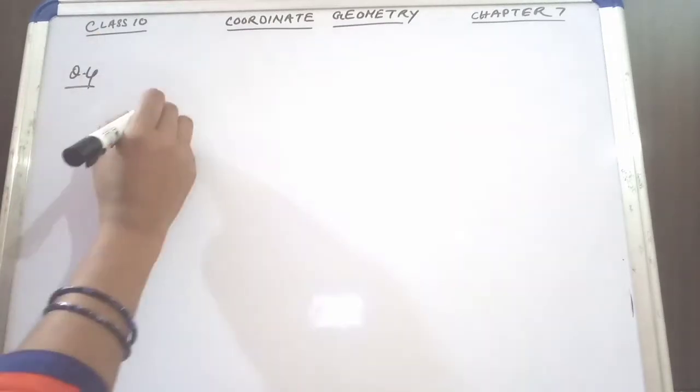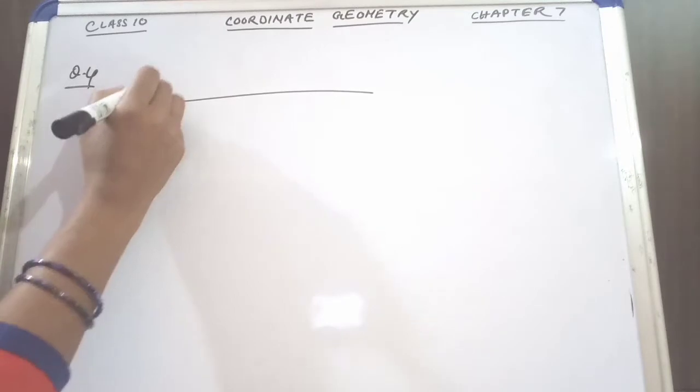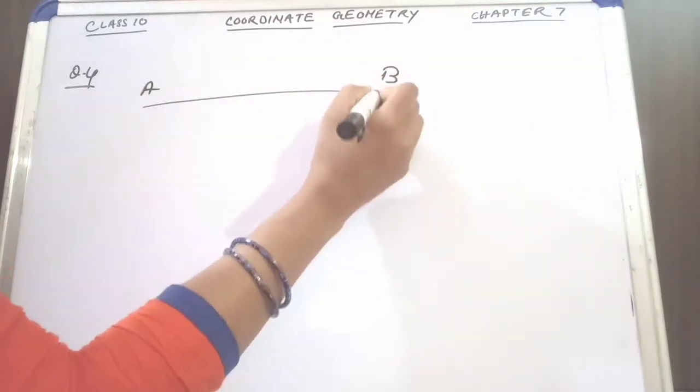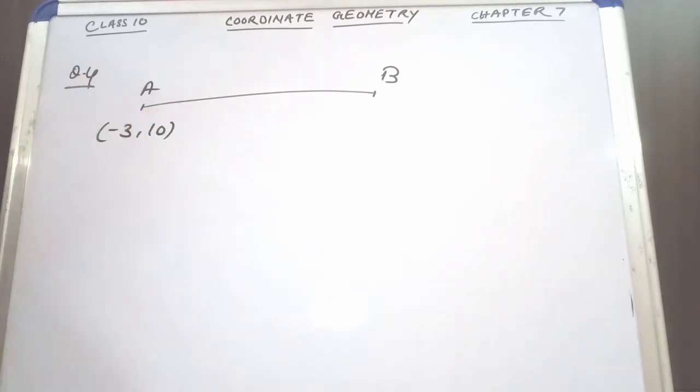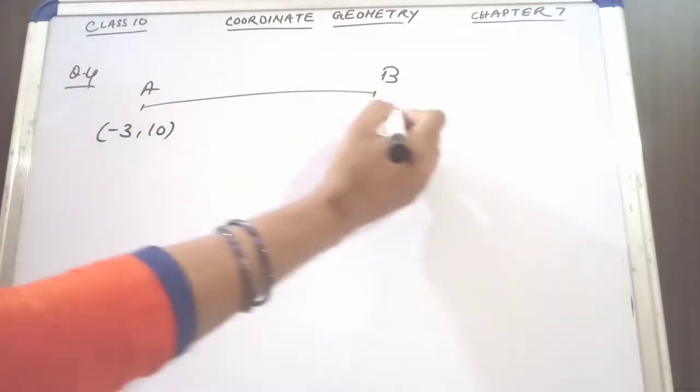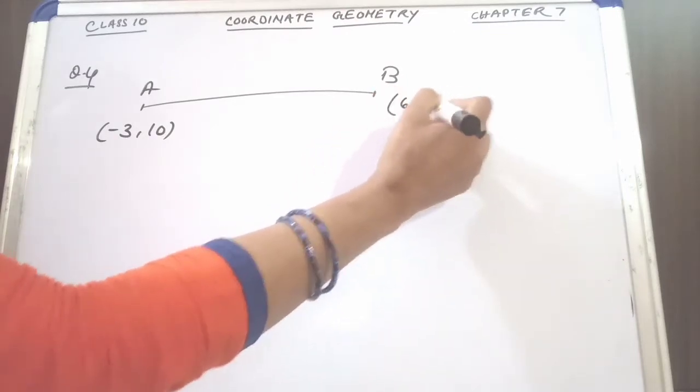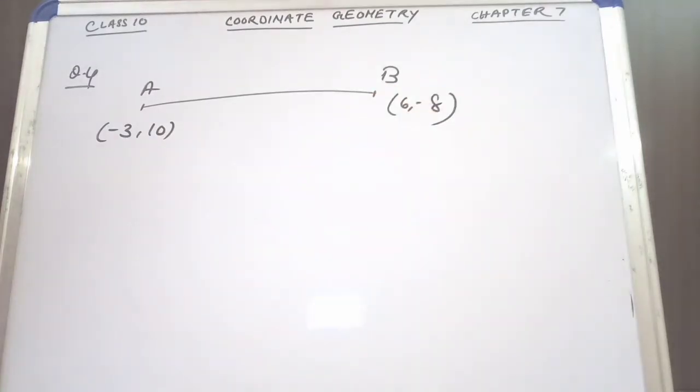Given condition is a line segment. Suppose this line segment is AB, where coordinate of A is (-3, 10) and coordinate of B is (6, -8).